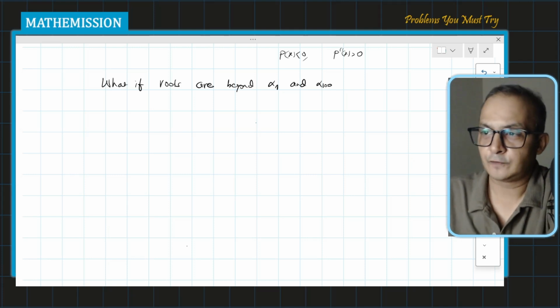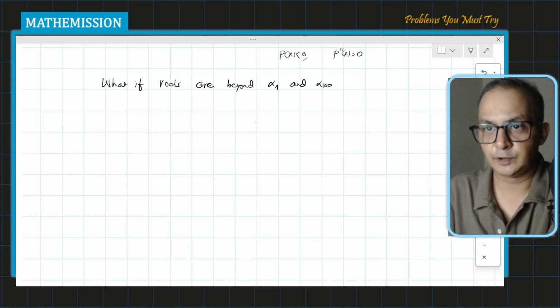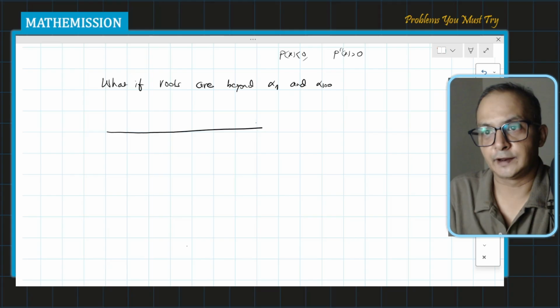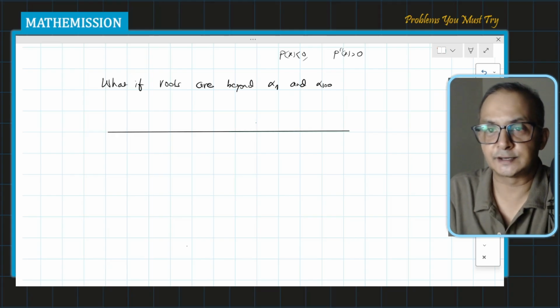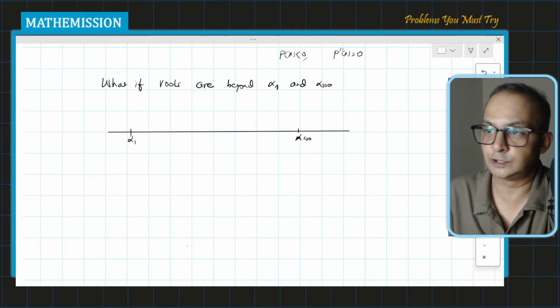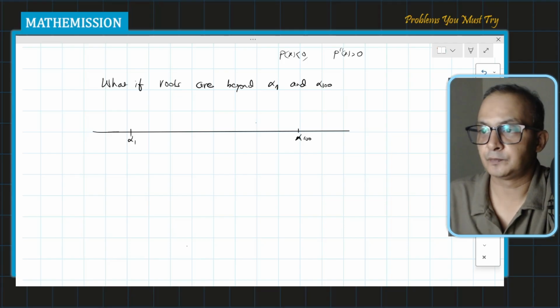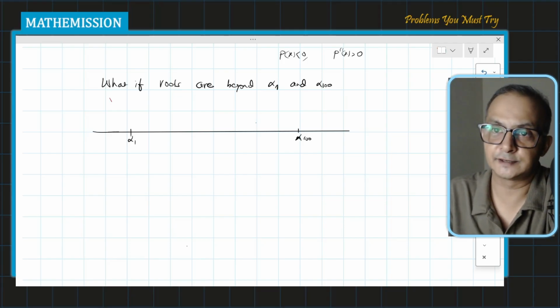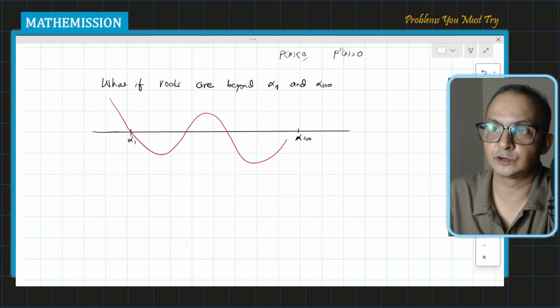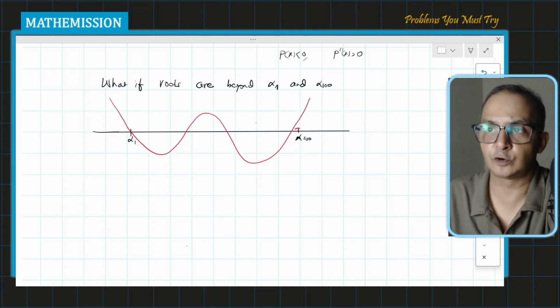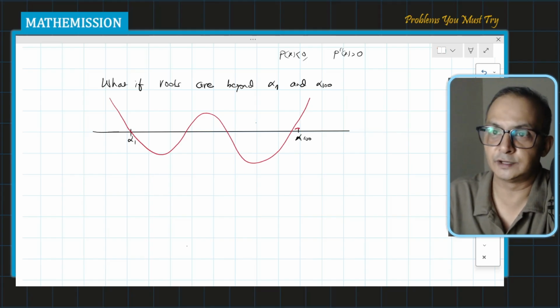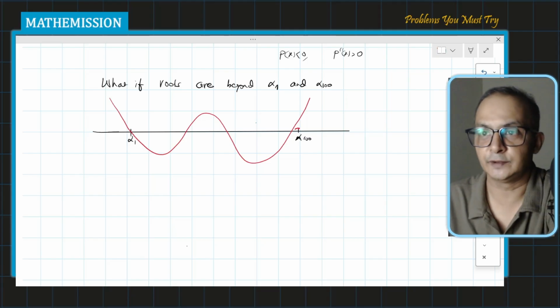So now what if the roots are lying beyond this alpha 1 and alpha 100? So this we have to analyze. So let's say I have this alpha 1 and alpha 100, and the roots are just beyond that. So let's say the graph is like this, and again it goes like this, because it's degree 100, so maybe the coefficient is positive, so it will go in this way, or it will go in this way.